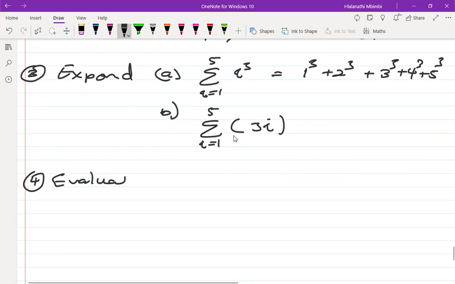For evaluating, remember, a sum is a sum. So for evaluating, I actually want the sum. What is the actual value of the sum that you are giving me? What is that equal to?